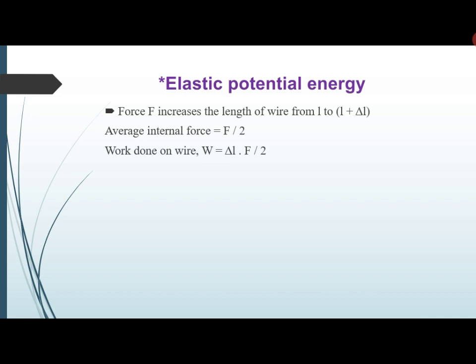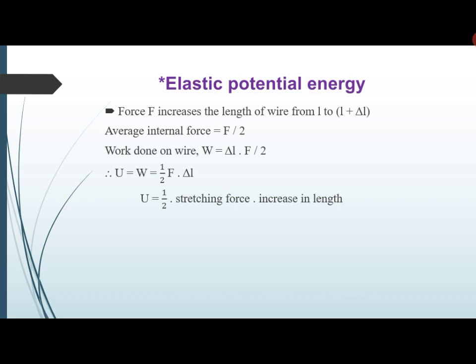Now we are applying this formula and we are getting the potential energy for this elastic object as U. As we know that the work done is stored as the elastic potential energy in a given wire. So U is 1 by 2 into the force applied into the increase in length, and this is equal to stretching force into increase in length multiplied by 1 by 2.